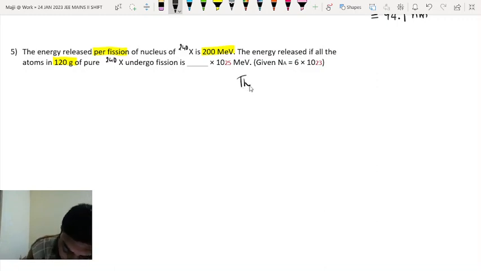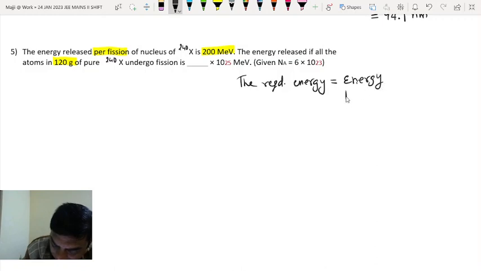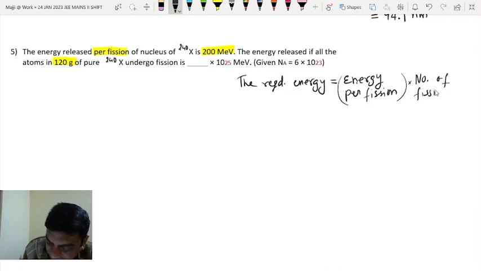So the required energy will be energy per fission, the energy corresponding to each fission, multiplied by the total number of fissions taking place. So energy per fission is how much? 200 million electron volt.